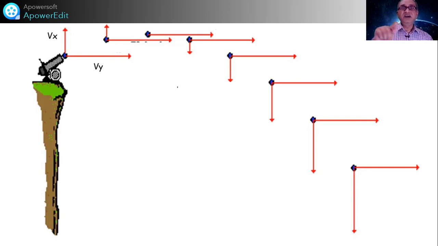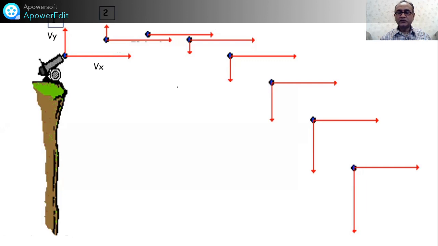First it decreases, as you can see, at point number 1, the velocity is being resolved, divided into x and y components. As the shell is going up at point number 2, Earth is attracting it. Its vertical velocity decreases, whereas the horizontal velocity remains the same.